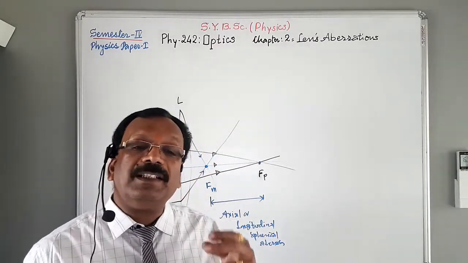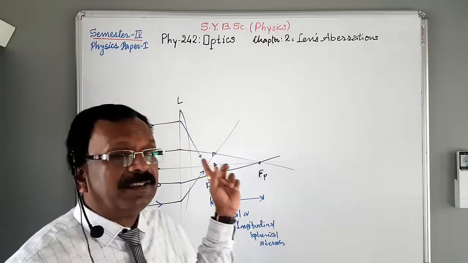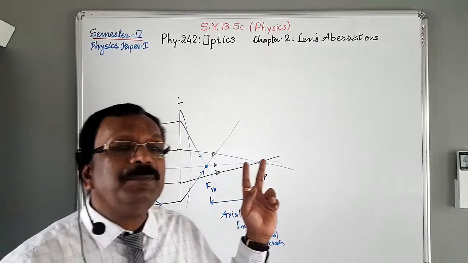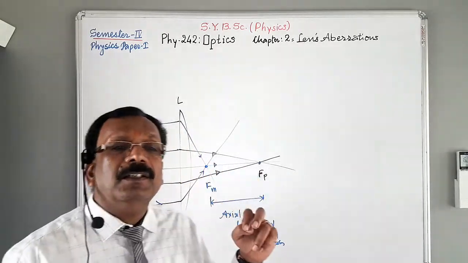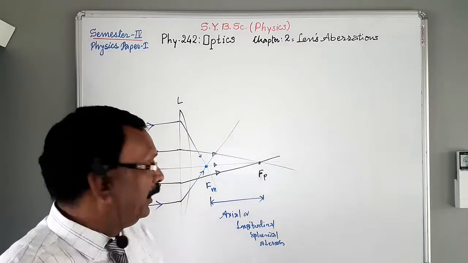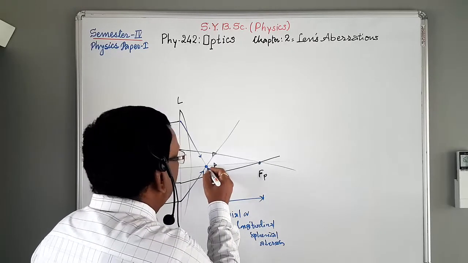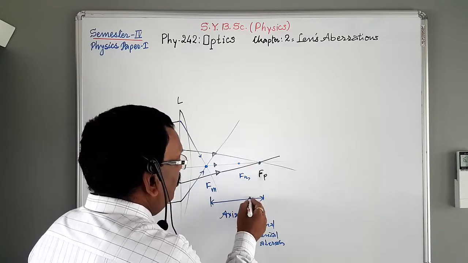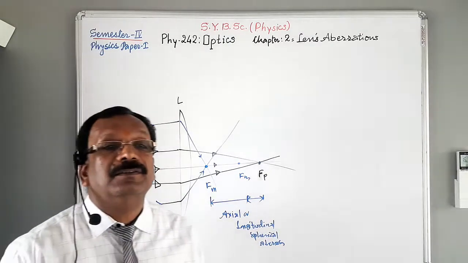If the deviation of marginal rays of the light is reduced, or if the deviation is made minimum, that means if we shift Fm towards Fp, if instead of this position Fp is here and Fm is here, then obviously the spherical aberration is minimized.